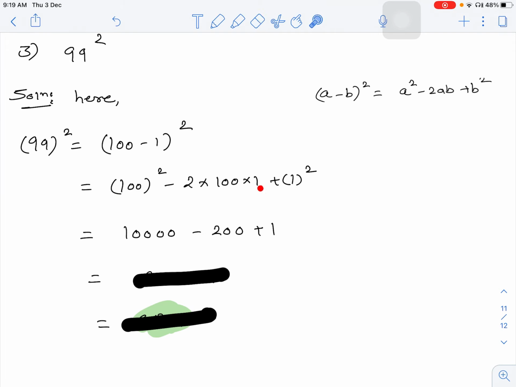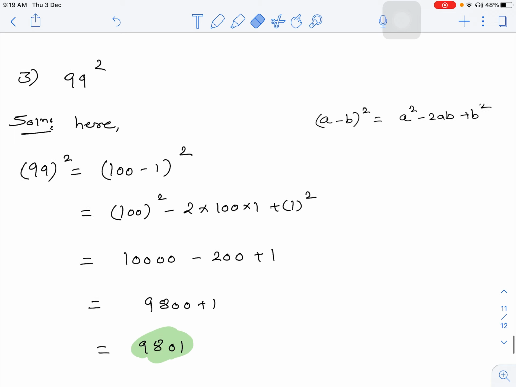Then 2 into 100 into 1 is 200, plus 1. Let us first subtract: 10,000 minus 200 will become 9,800, plus 1. So our final answer will be 9801. Hope you all have understood up till here how to find the square of a number by using identities.